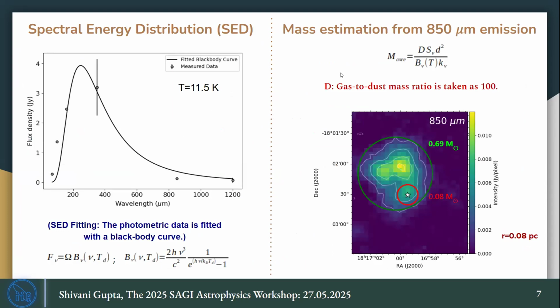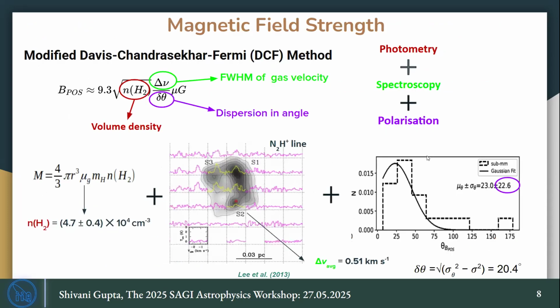by estimating the mass of the L328 core. And to calculate mass, we first find out the temperature of the L328 core. That comes out to be 11 Kelvin, and the mass of the L328 core comes out to be 0.69 solar mass. From here, we estimated the volume density, and to find out the FWHM of gas velocity, we use the spectroscopic data.